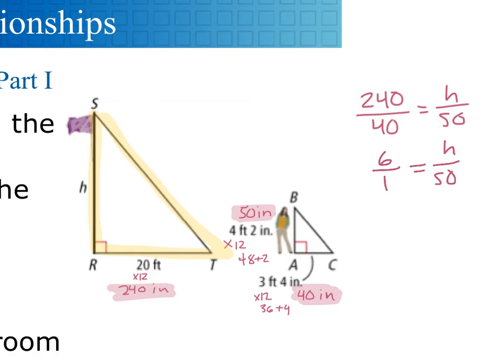And now how do we solve for h? Cross multiply. So it's 6 times 50, 300. And h times 1? h. So the height of the flagpole is what? 300 inches. Perfect.